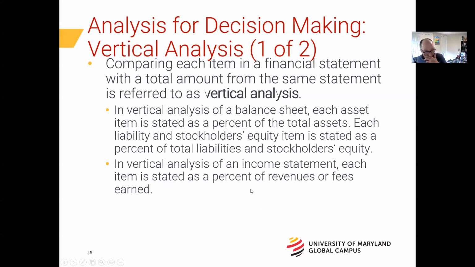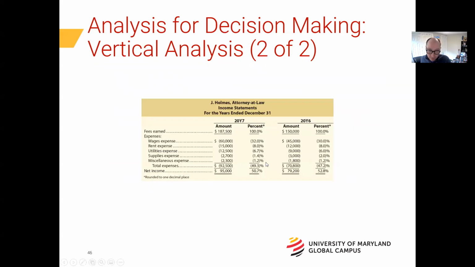The reason we perform a vertical analysis is for managers to understand what percentage each line item is of total assets. And on the income statement, we express everything as a percentage of total revenue. This is an example of what that looks like.